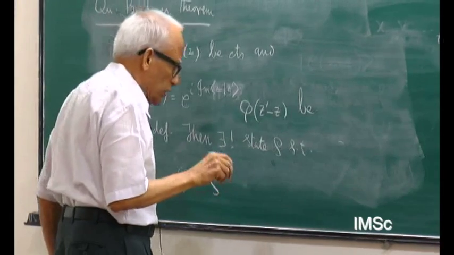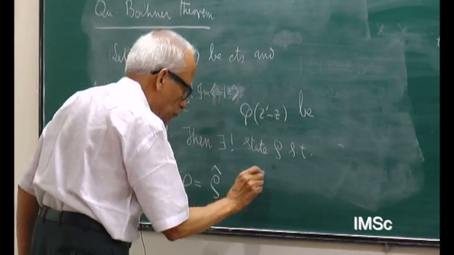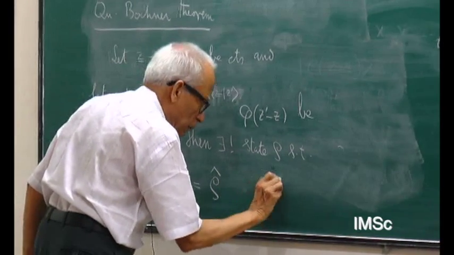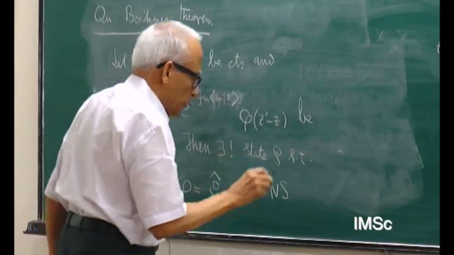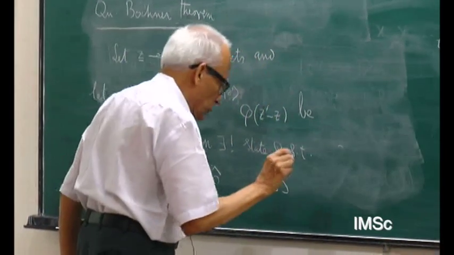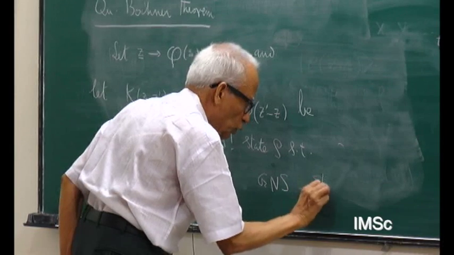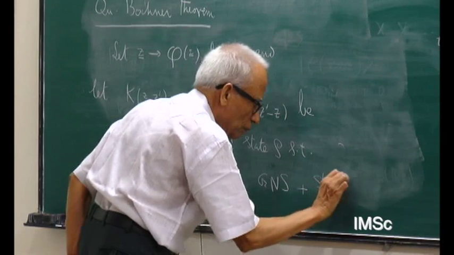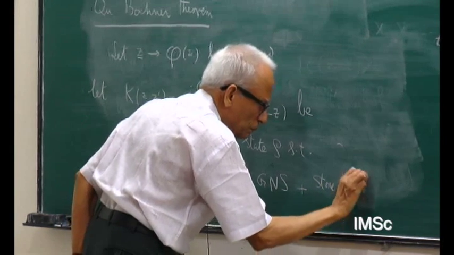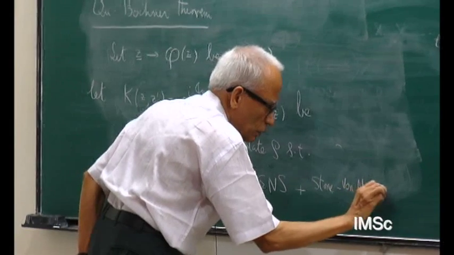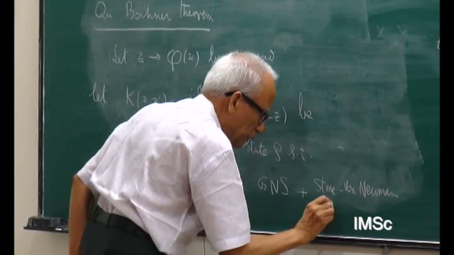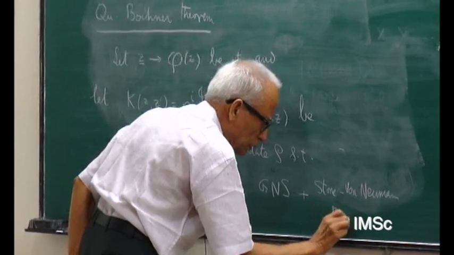So the proof is a combination of the GNS principle and that projective representation is unique, plus the Stone-von Neumann theorem. These two have to be combined to get a proof of this.